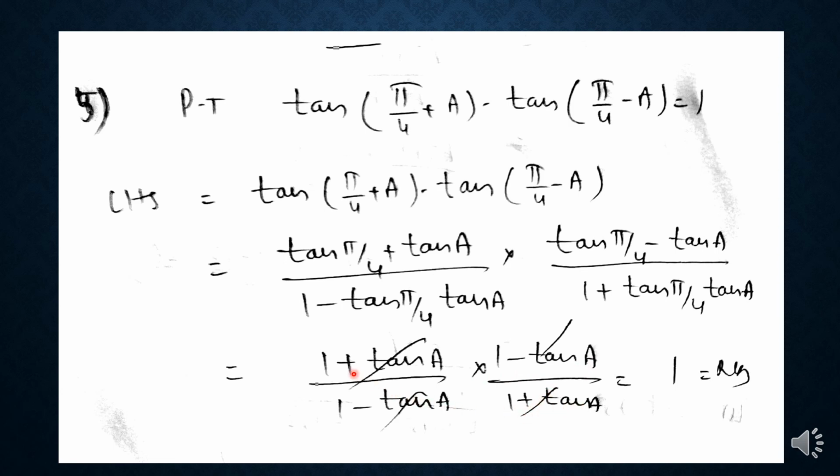Here the numerator 1 plus tan a and the denominator 1 plus tan a get cancelled, and here also the numerator 1 minus tan a and 1 minus tan a get cancelled, that is equal to 1.